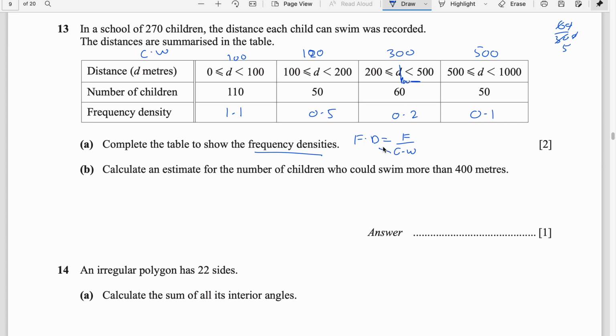And you see when you multiply class width with frequency density, you get the frequency. So width is basically 100. Width is 100 times the frequency density, plus this is completely in it because it is more than 400. We can just add this 50 directly. So 20 plus 50 is 70 children.